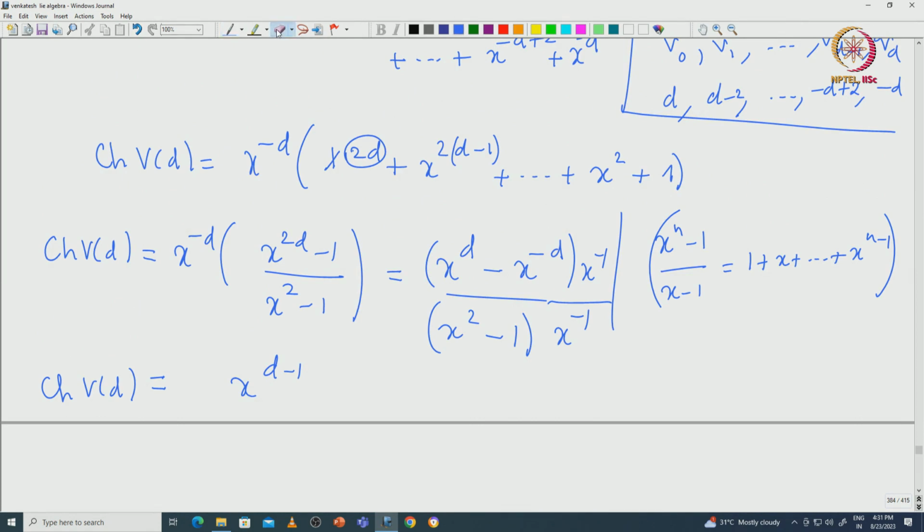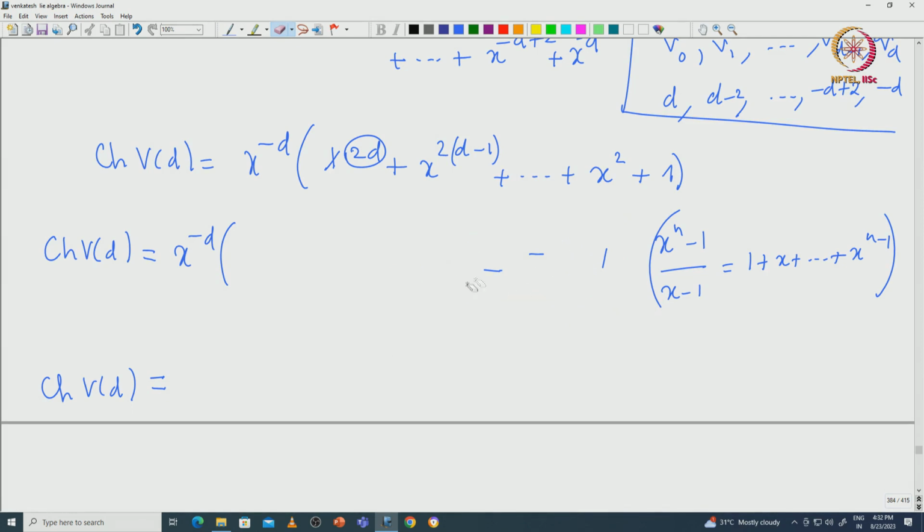Okay, I made a mistake, so let me just rewrite. This is going to be (x^(2D+2) minus 1) divided by (x^2 minus 1).